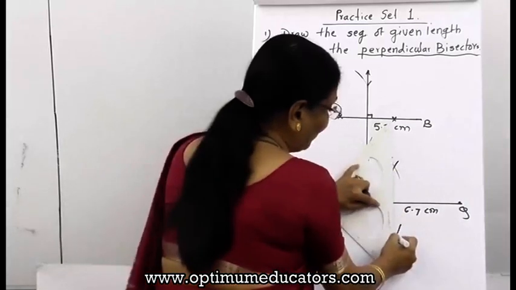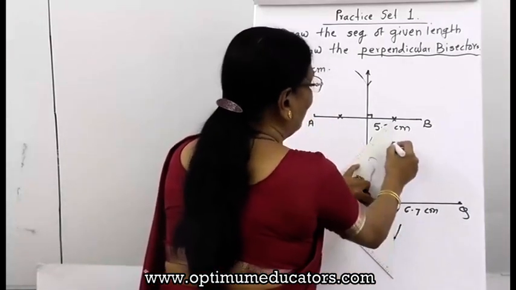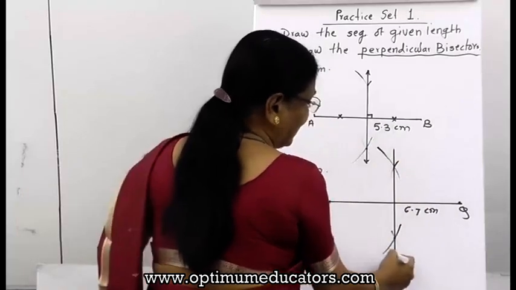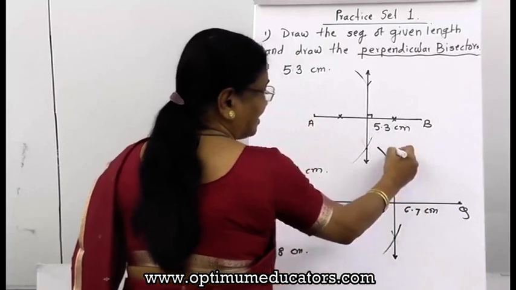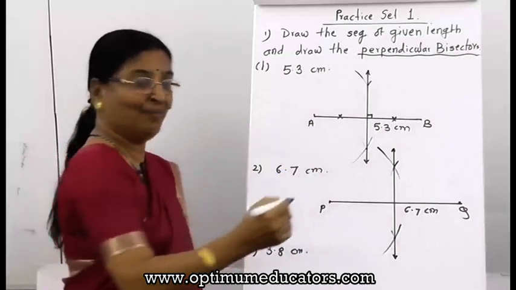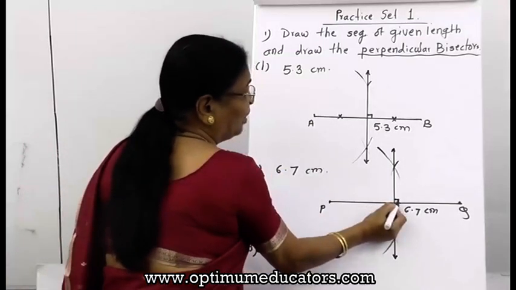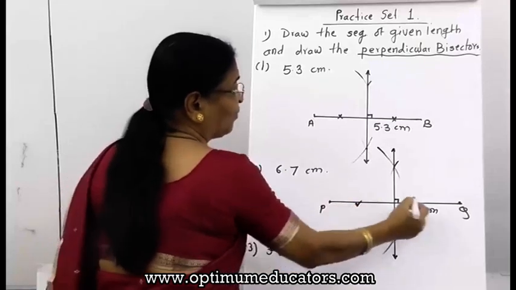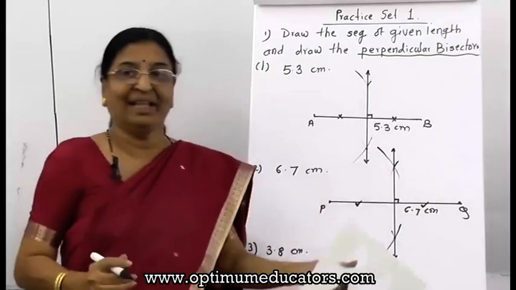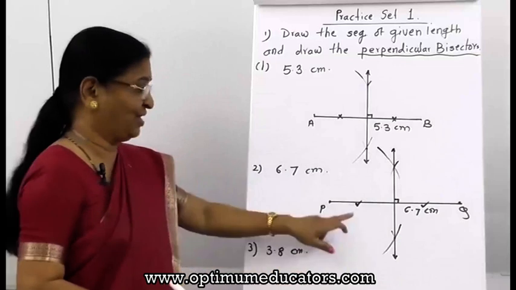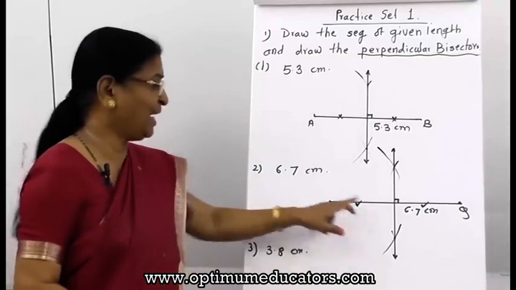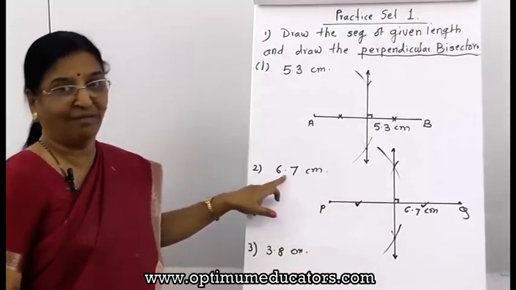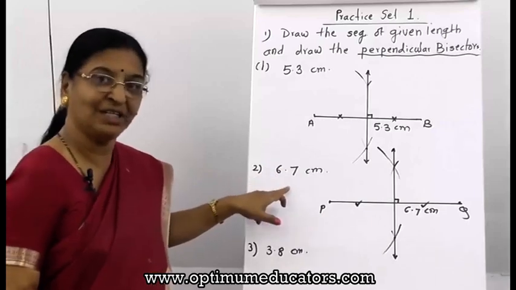These two points of intersection, we have to join, and see here is our perpendicular bisector. Again you have to draw the two signs of this perpendicular and of course the bisector, that is the two equal parts of it. So this is a perpendicular bisector for a given length 6.7.